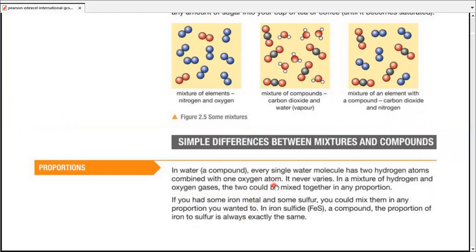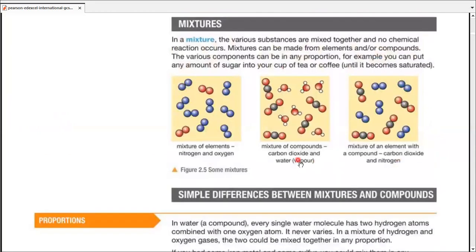All right. Coming back to it, simple differences between mixtures and compounds. How are you going to differentiate them? Before I move on to this specific point, I want you to ponder on this diagram and notice the differences between the mixtures and compounds or elements. One thing you can easily note is that with every element, you'll find the same colors in the same size of balls.